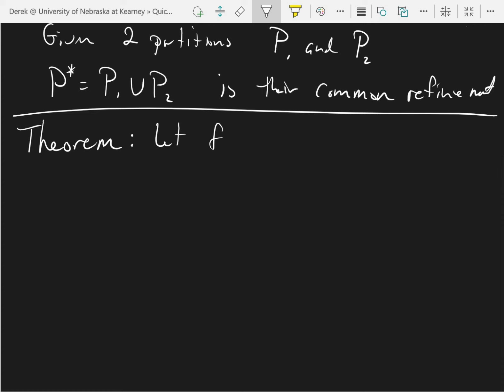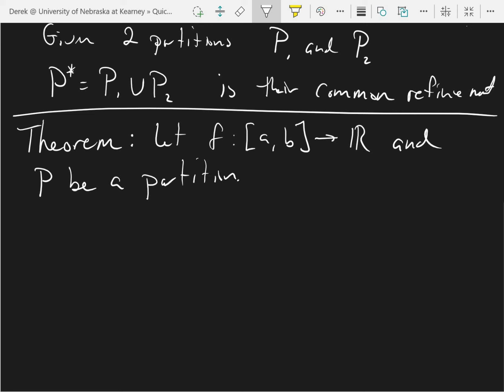Let f map [a, b] into R, and P be a partition. If P star is a refinement of P, then the following hold.